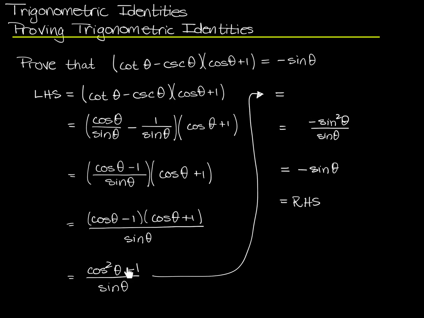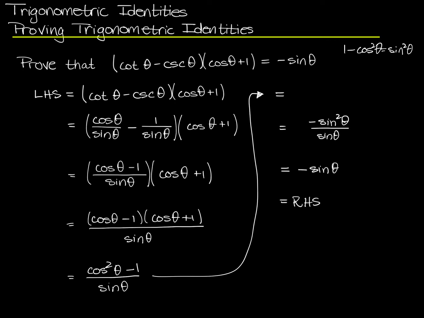How did I get from cosine squared minus 1 to negative sine squared? It's harder to see that one, isn't it? Well, I know that 1 minus cosine squared equals sine squared, but this is cosine squared minus 1.